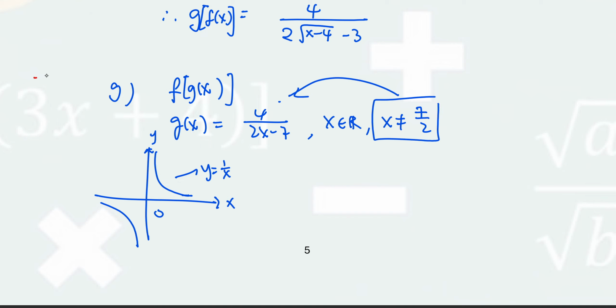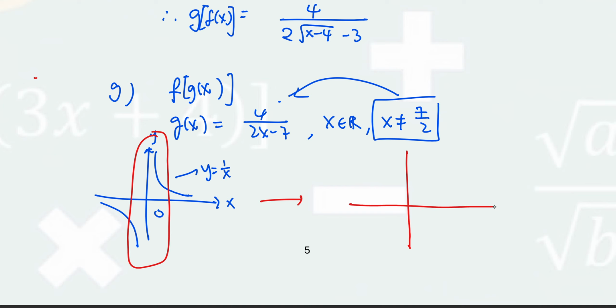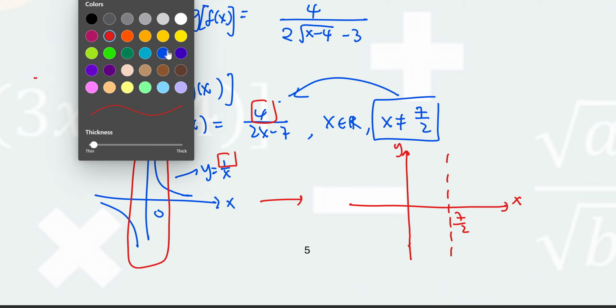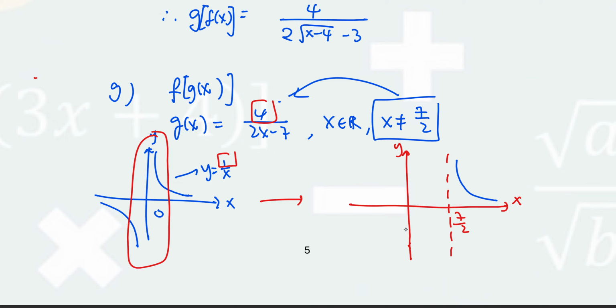So instead of cannot be 0, because it will not touch 0, now it cannot be 7 over 2. So let's say this is 7 over 2. When you compare, this is positive, here is positive, that means it will have the same shape. So my graph becomes this. So this is y equals 4 over 2x minus 7.